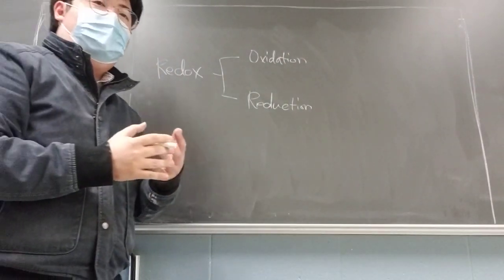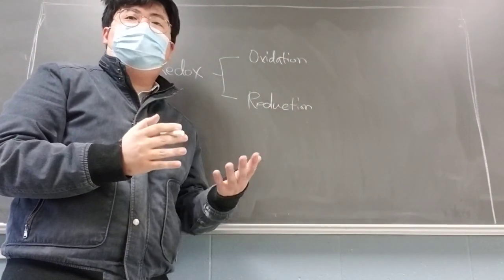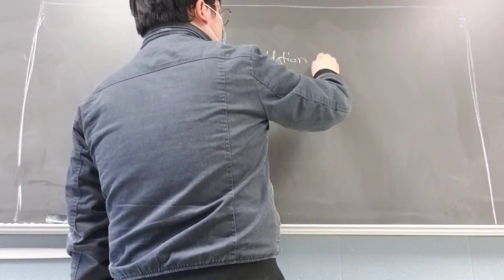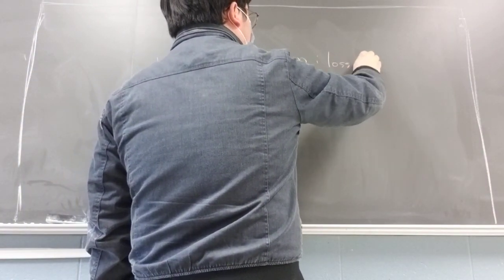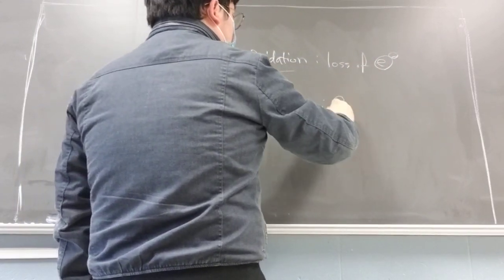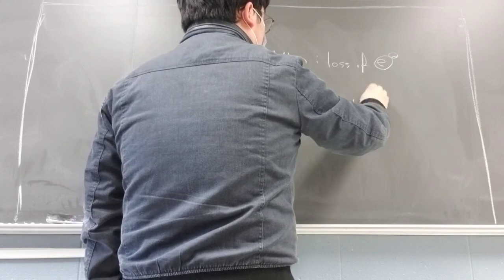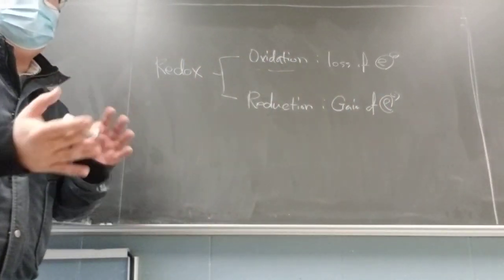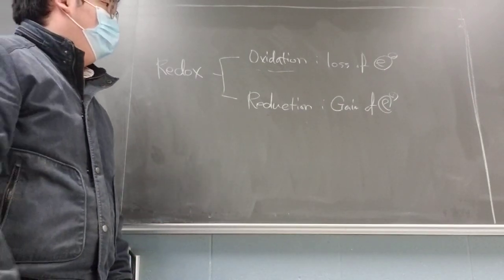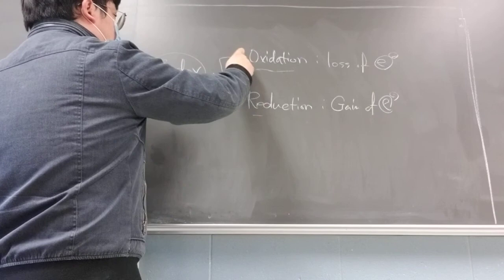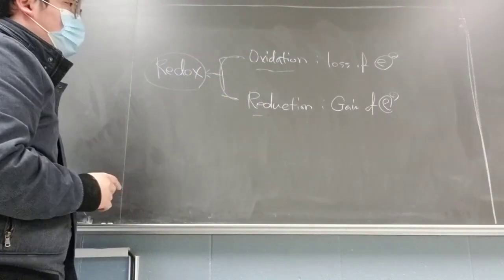If something is being oxidized, the other will be reduced, because oxidation simply means loss of electrons, and reduction simply means gain of electrons. So this is why they happen at the same time in the redox reaction.